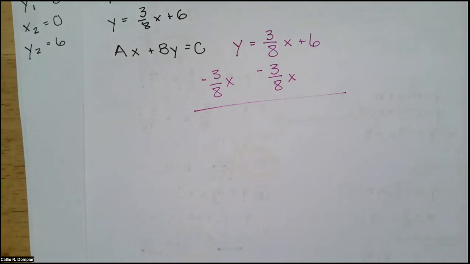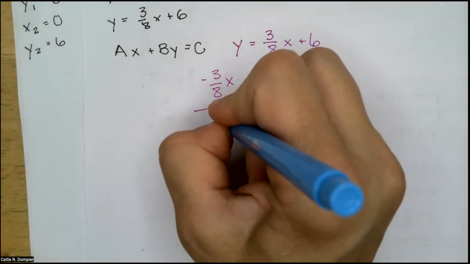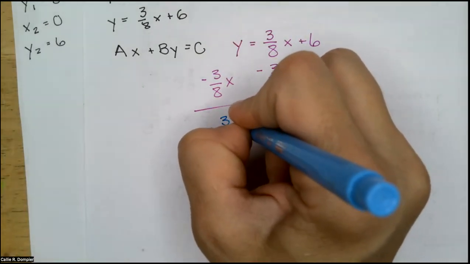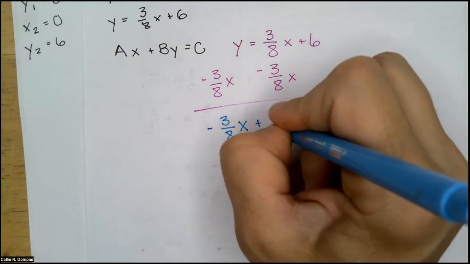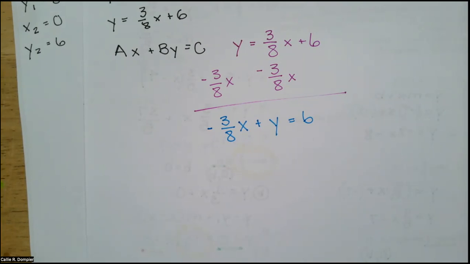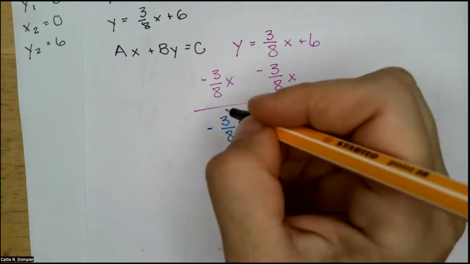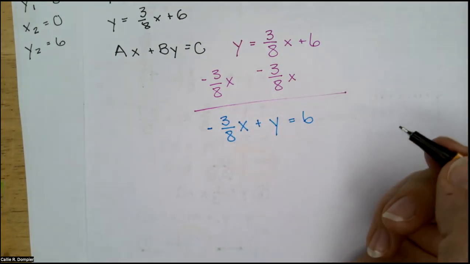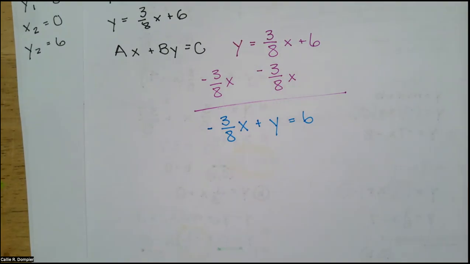What I get is negative 3/8 x plus y equals 6. Okay? Now I'm going to multiply it by, you can either multiply it by 8 or by negative 8. Okay? Doesn't matter.